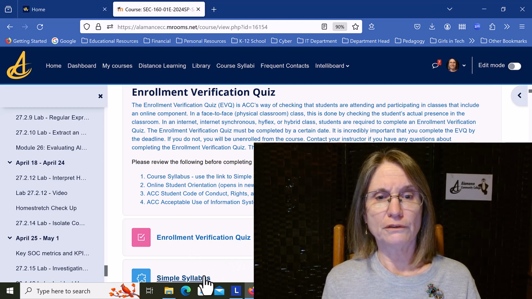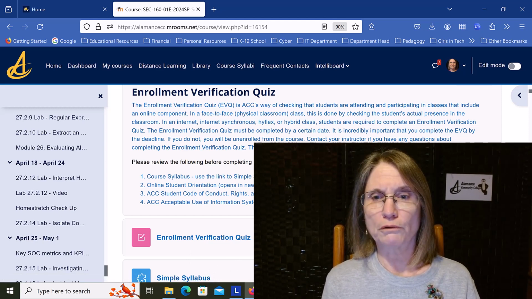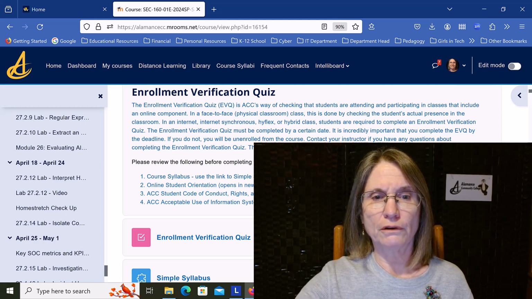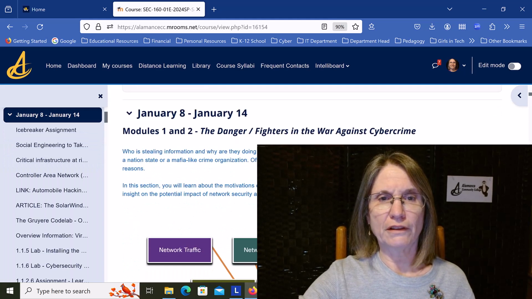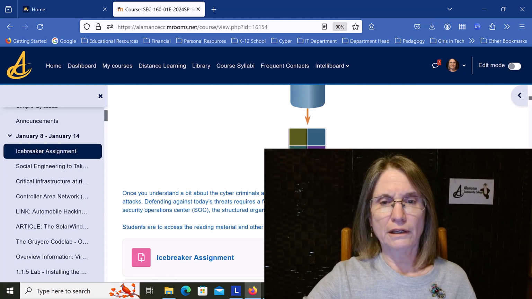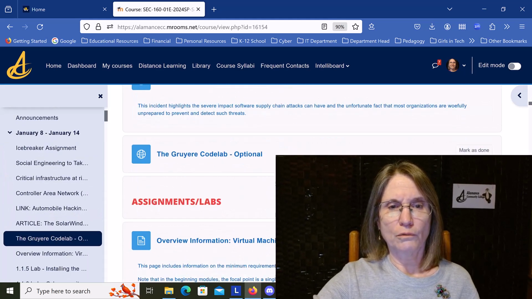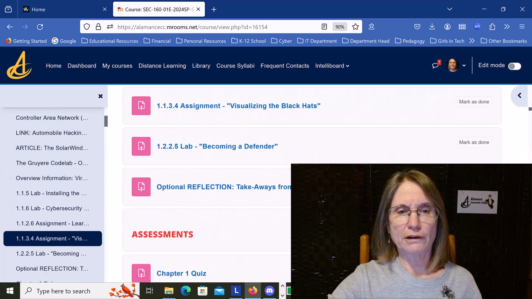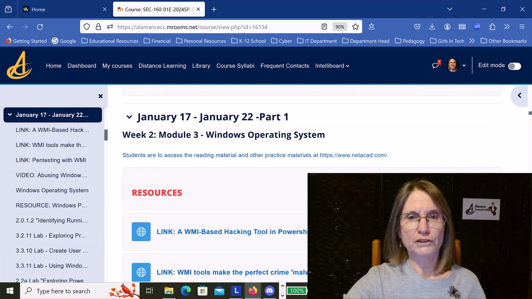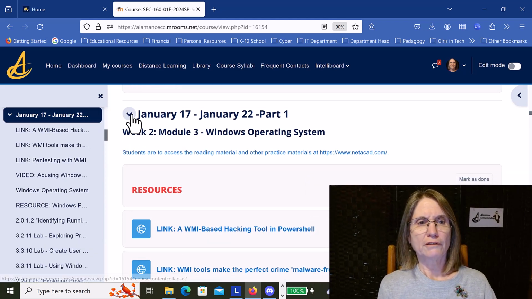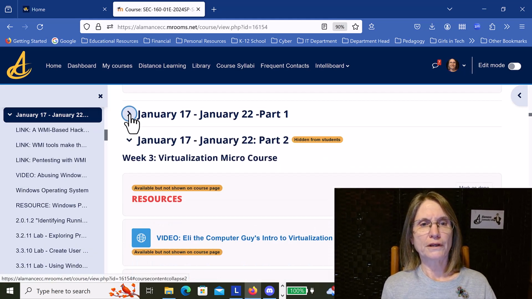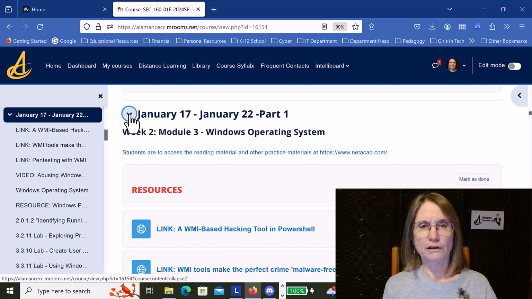There is a link to your syllabus inside of Moodle, and we really will progress through the material in a stepwise fashion, and you can see that things are broken down week by week. If we scroll down a bit further, we'll see the next week in the semester. Of course, you can click up and down to collapse and expand each week as it goes by.